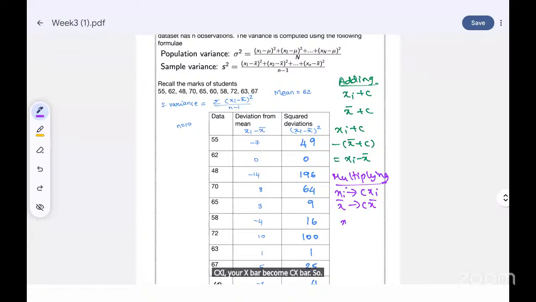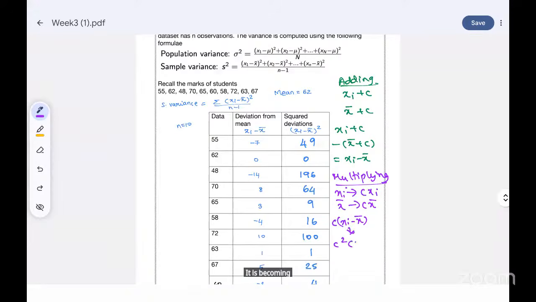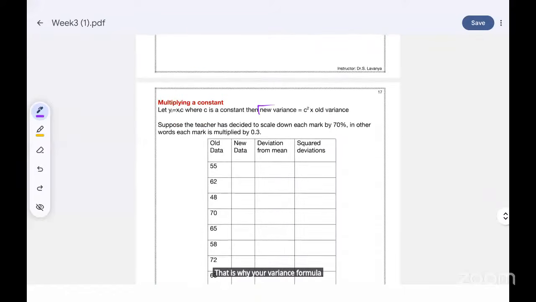So xi minus x bar itself is getting multiplied by c, and the squared deviations become c squared times (xi minus x bar) squared. That is why the new variance equals c square into old variance.